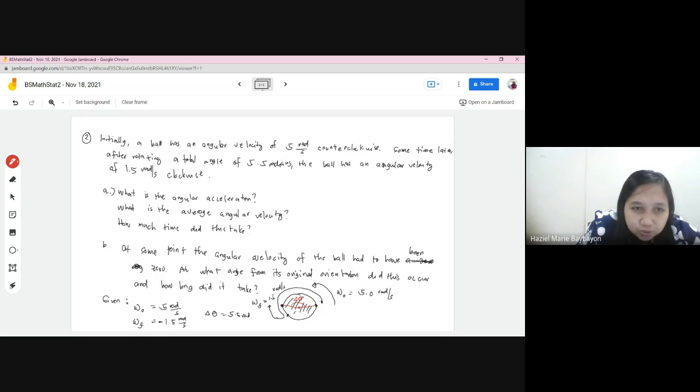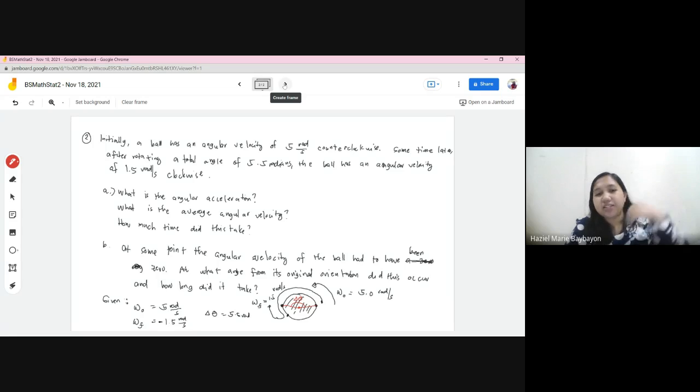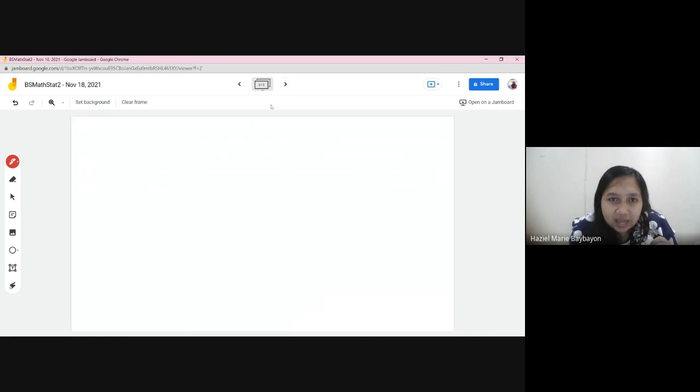Okay, so for letter A, we're asked to find the angular acceleration as well as the average angular velocity and the total time for the motion to take place. For this, we'll be needing the rotational kinematics equations. Since we are not given the time, we need an equation that does not involve time.